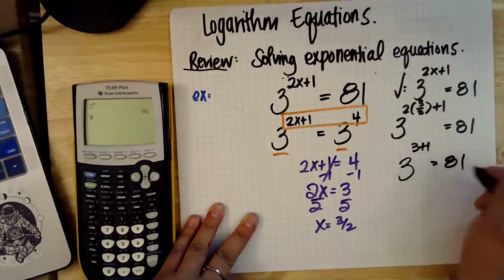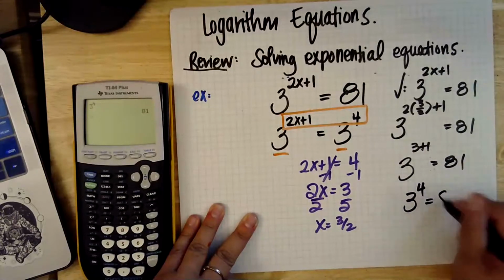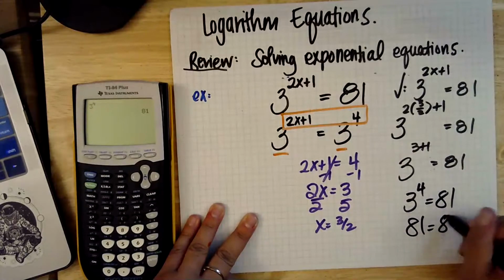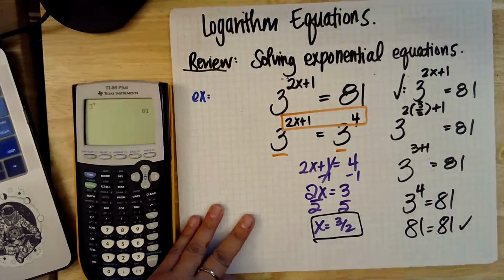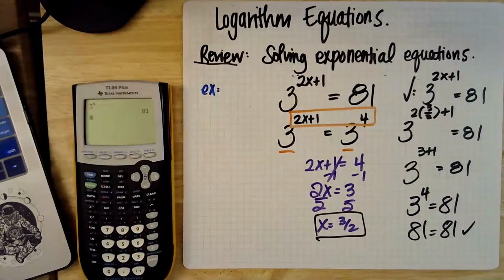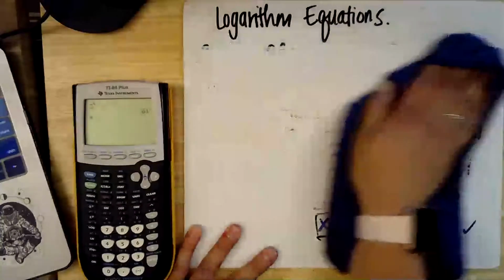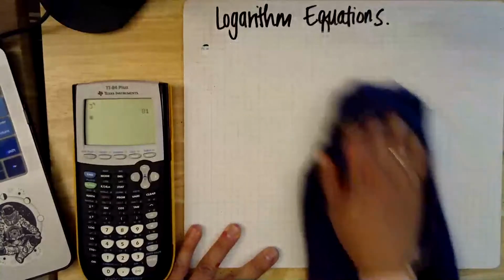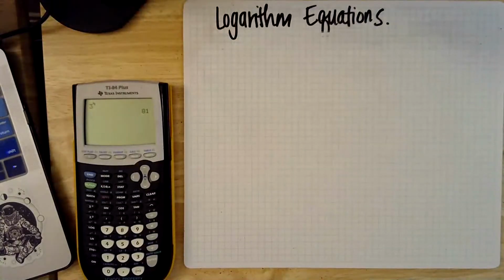Is that 81? That gives me 3 to the 4, and yes it is, a true statement, so this answer is valid. So that's a quick little review on solving exponential equations, because now we're going to go into solving logarithm equations, and we have to understand that equivalency.